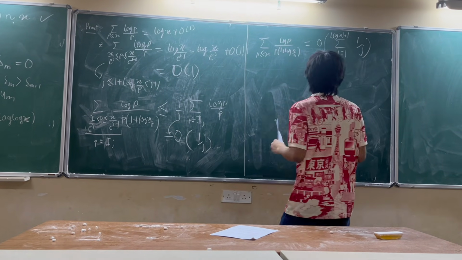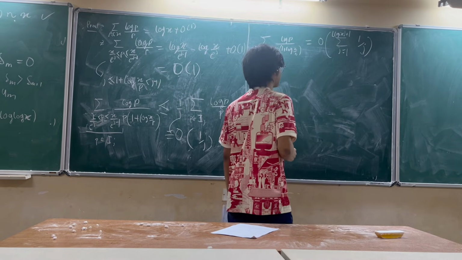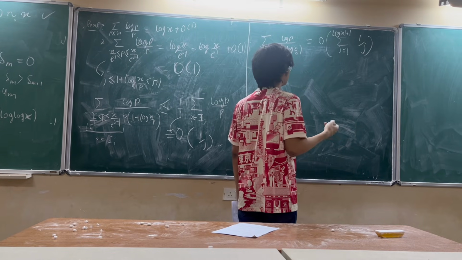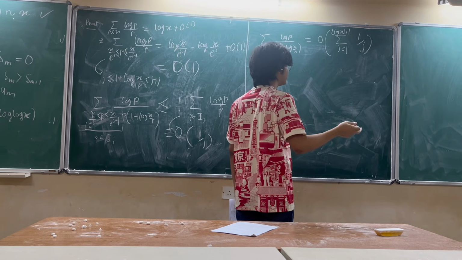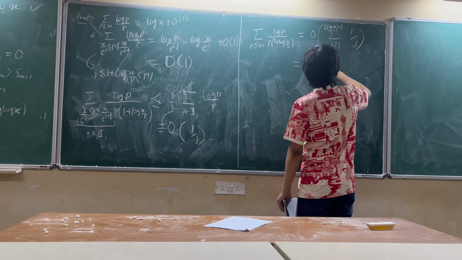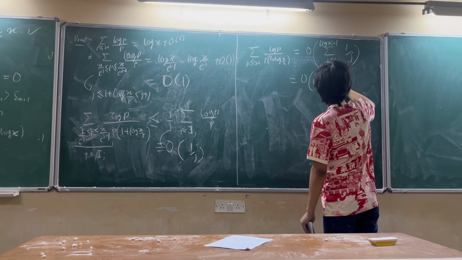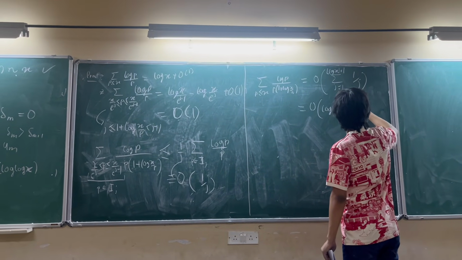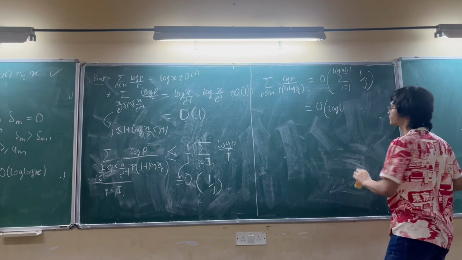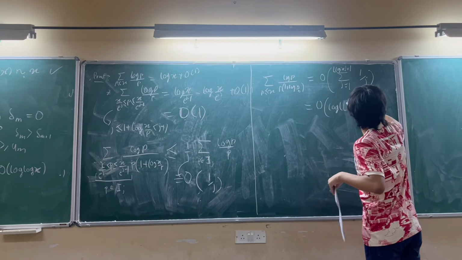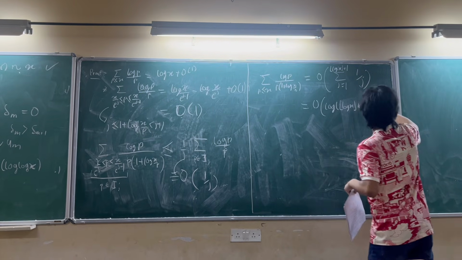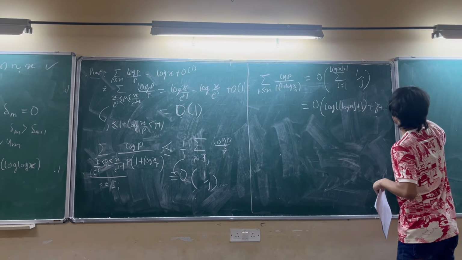And we remember the formula for the summation of 1 by j: it's the same as log x plus gamma plus a remainder of the order 1 by x. This basically gives you something like log of floor of log x plus 1, plus the constant gamma plus something.